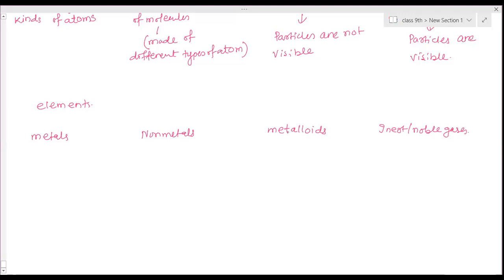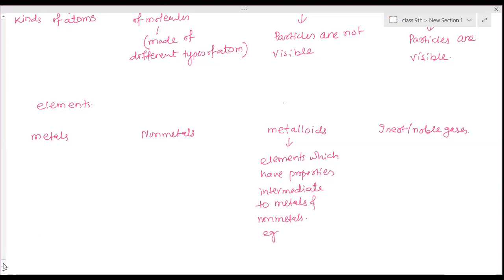What are metalloids? Those which show intermediate properties of metals and non-metals. The elements which have properties intermediate to metals and non-metals.